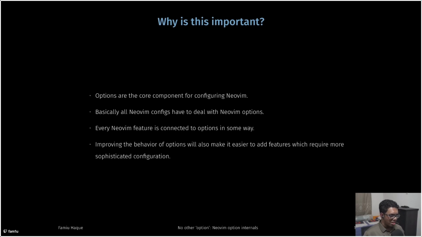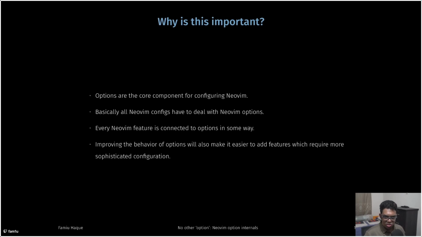And then lastly, improving the behavior of options will also make it easier to add features that require more sophisticated configuration. Let's say you have a feature that has a lot of configurability. When adding a feature like that, you have to consider how it's going to be configured. Right now, we'd have a bunch of functions and stuff.